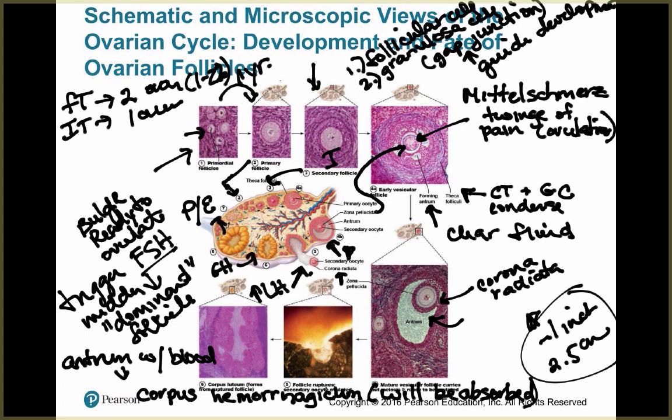Now, if there's no pregnancy, then it disintegrates. And basically, that's what's known later as, and I'm just going to write it here on the front of it, corpus albicans. And this is a scar, and this happens in about 10 days. And then this luteolytic or ischemic phase, that's about 2 or 3 days of the luteal phase, is when the endometrium actually begins to erode.